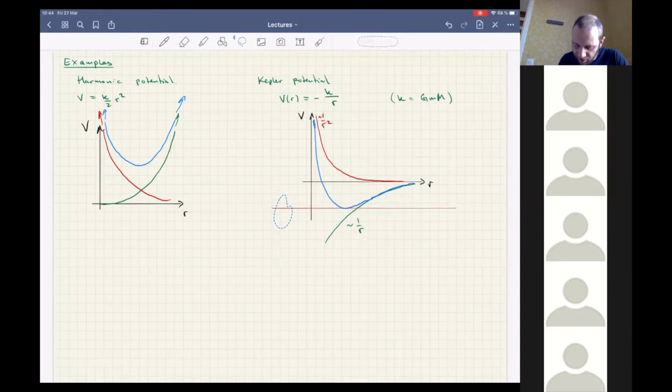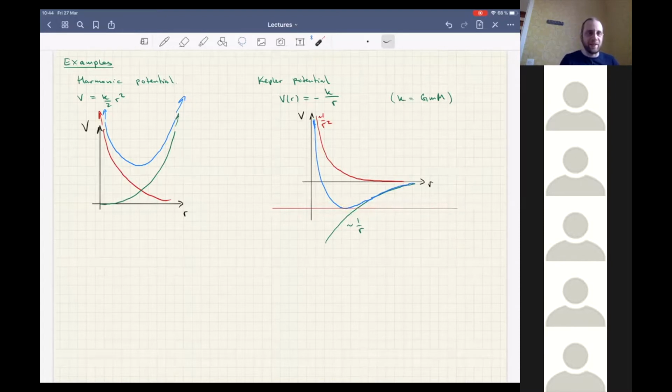So if I have this energy, right? I have two classical turning points. I have a turning point here and I have a turning point there. And as I move down, those turning points go towards each other, and eventually I'm there, where I only have one point, which is where you can be.